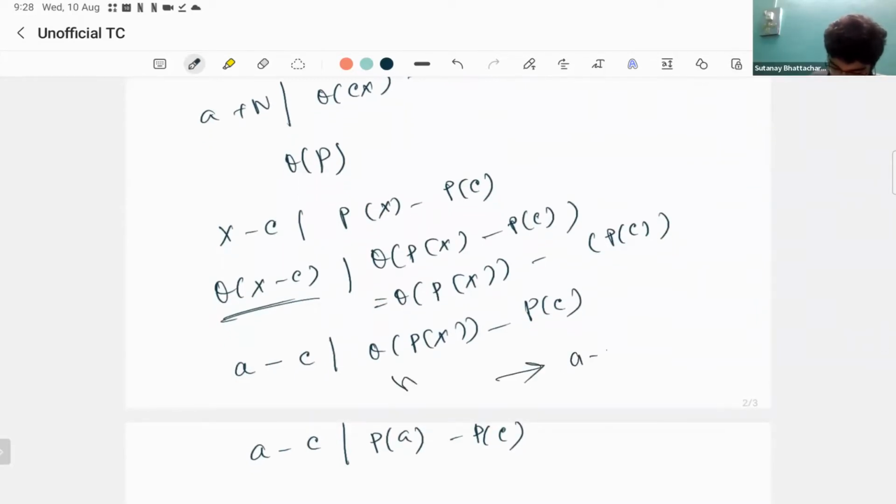So from these two, we have a minus c divides theta of p of x minus p of a, and we're basically done because this side does not depend on c, and on this side we can take c whatever we want. So this has to hold for all integers on this side, which is only possible if this side is 0. That's pretty much it.